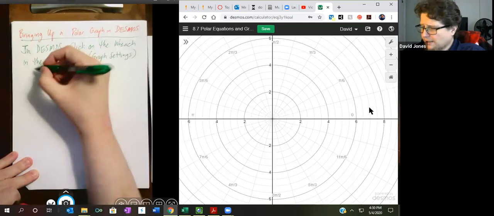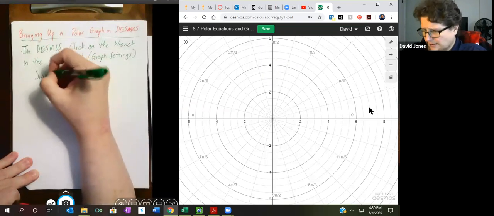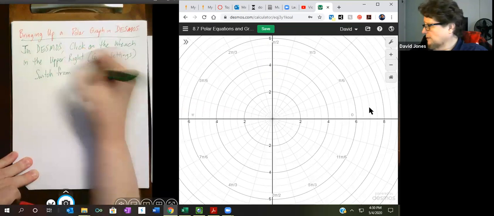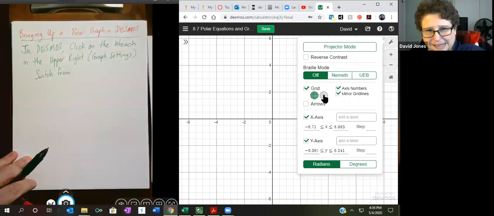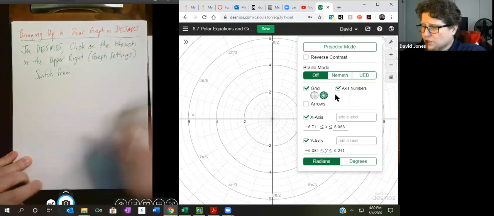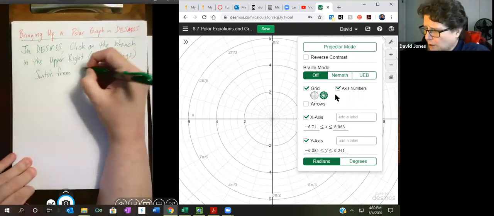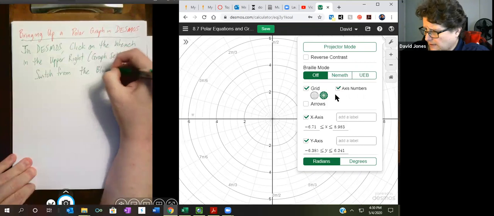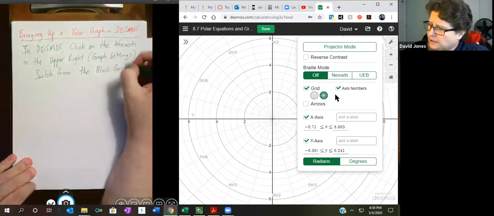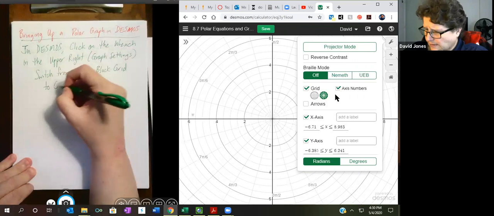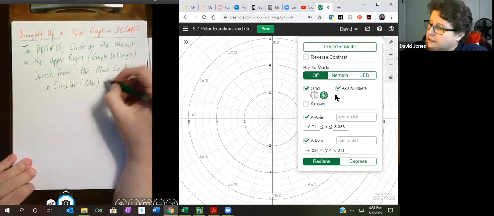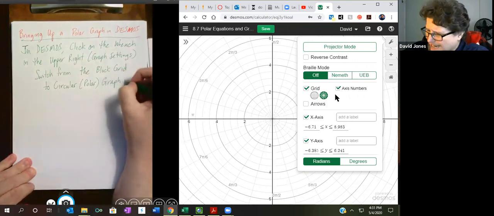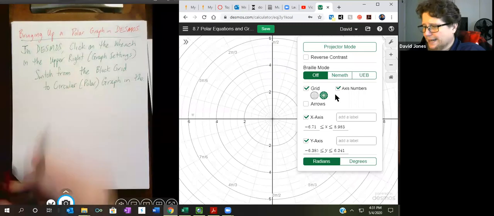Then switch from the block grid to the circular grid, or polar, in the grid settings.